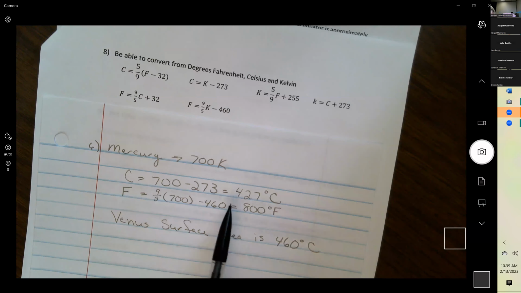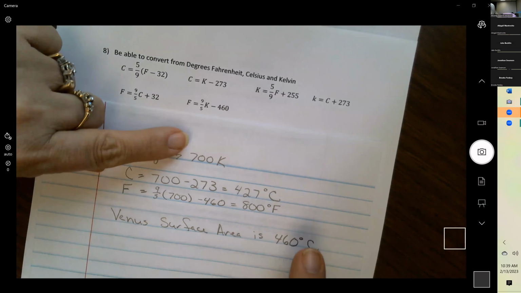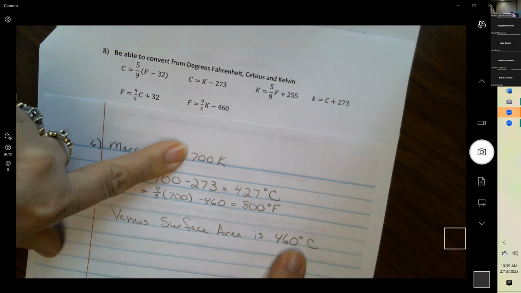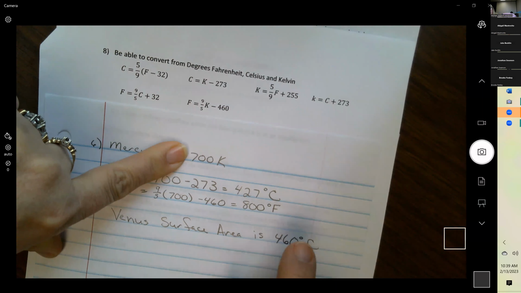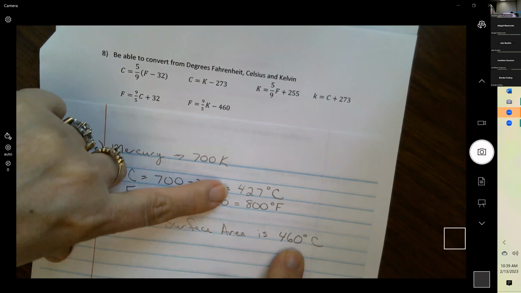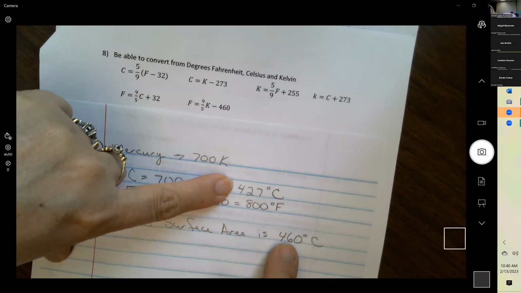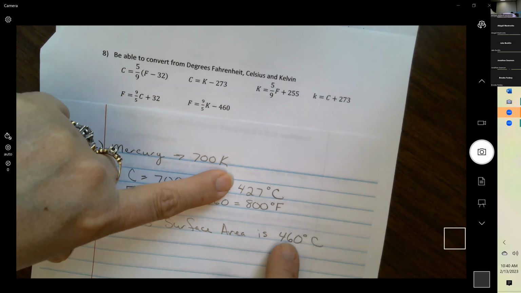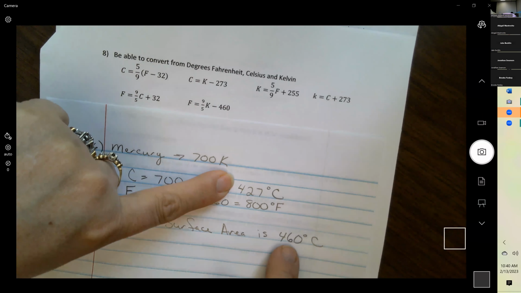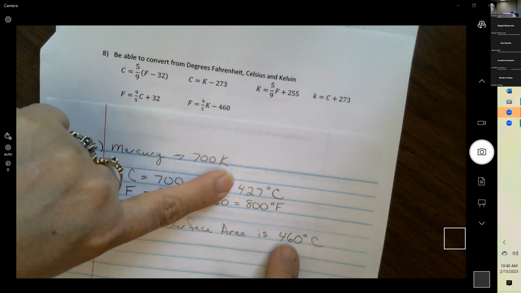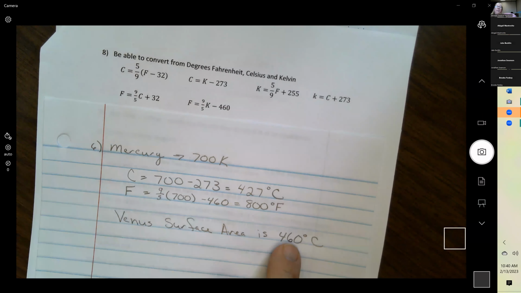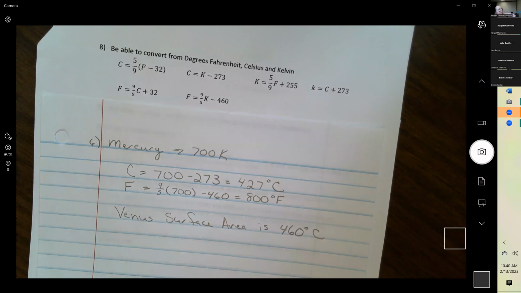But if you were going to compare them, you can't look at this. You need to make them the same unit. So either make this Kelvin or this one Celsius, and then you can compare them. Mercury's definitely lower, it's still a high temperature, but it's lower than Venus. And you would just explain that.